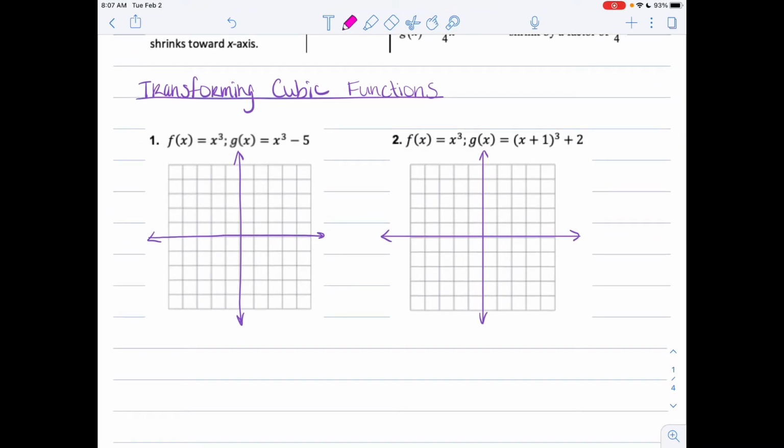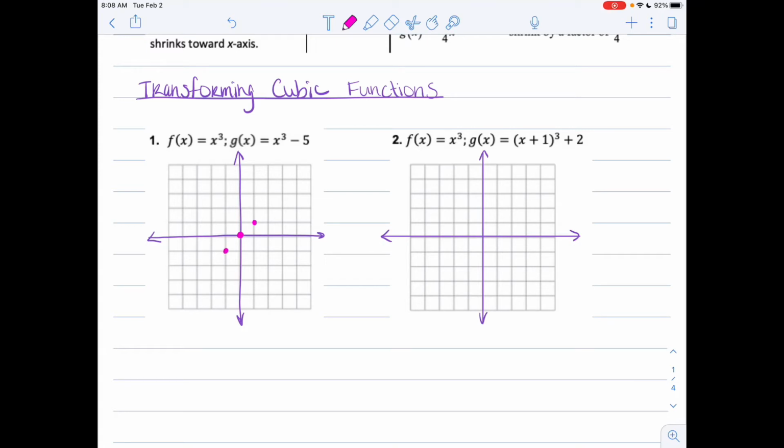So my parent function, let's plug in a few values and get a rough sketch of our graph. If I have x to the third and I replace x with 0, I'm going to get 0 for y, or f of x. If I replace x with a 1, 1 to the third power is 1. If I put in a negative 1, negative 1 to the third power is negative 1.